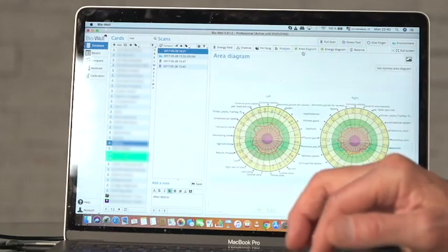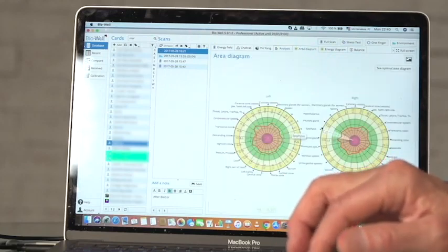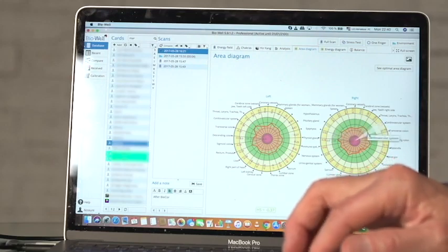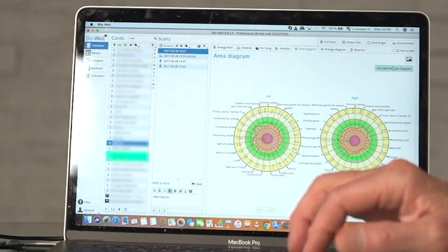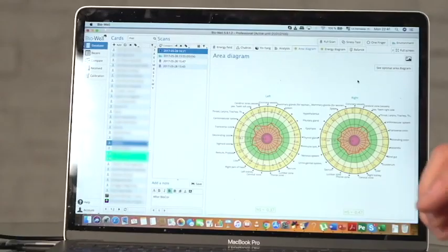But if we look at the area diagram, many parts of this area are in the low zone. Some of them are in the normal zone. And we can see what optimal means. It is a clear indication that this particular lady is apparently healthy, but she has lower energy.